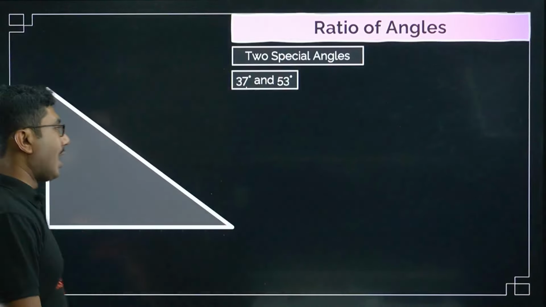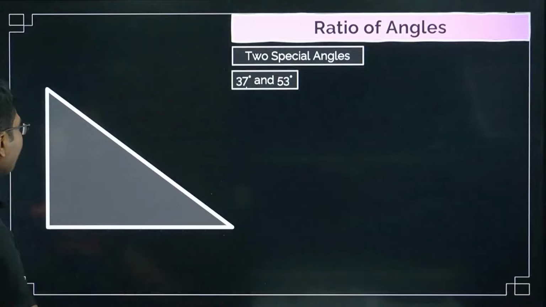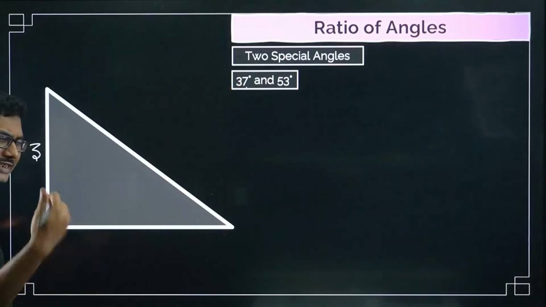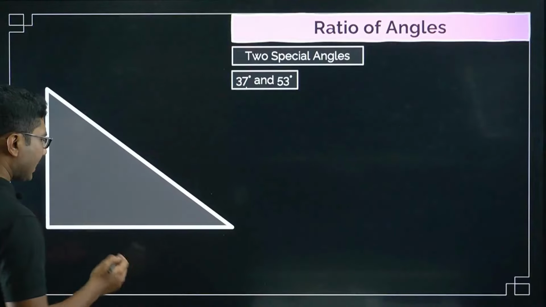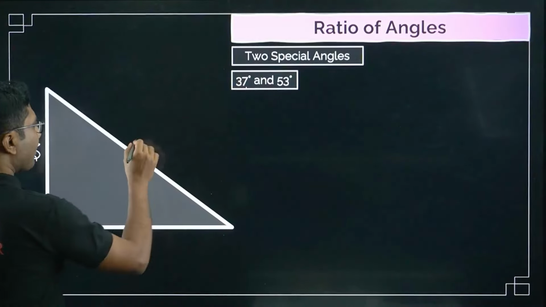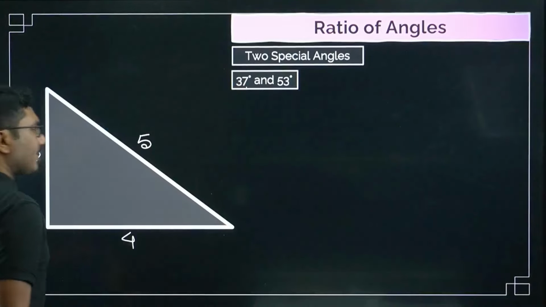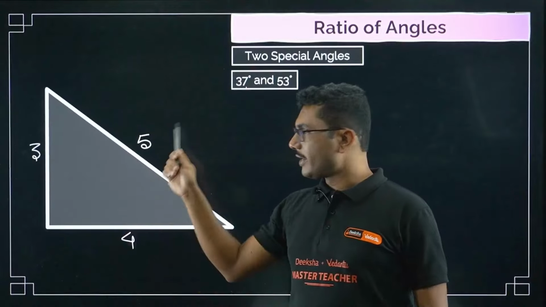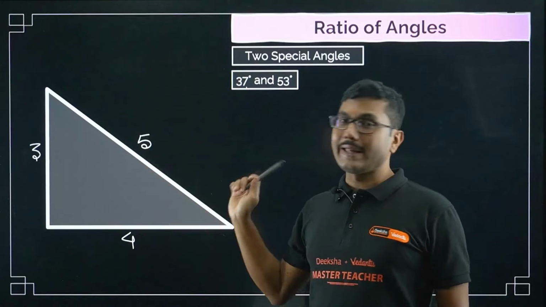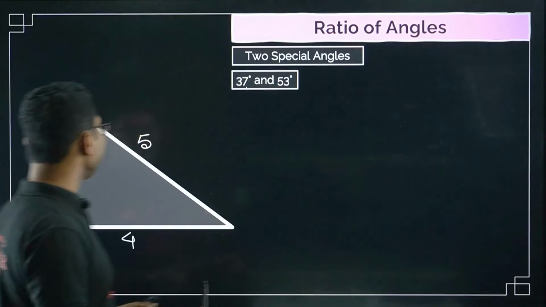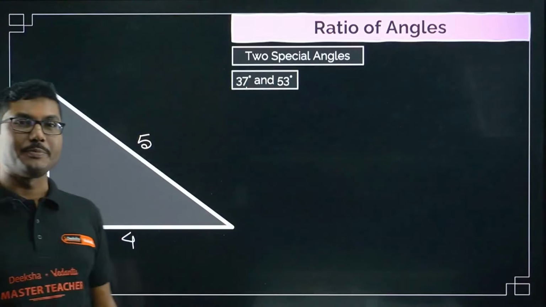Okay, now how does this combination occur? This combination occurs when one side is 3 centimeter, 3 meters, whatever it is, the other side is 4, and by Pythagoras theorem, the hypotenuse will be 5. So 3, 4, 5 is the case where these two angles occur. Okay, now which angle is 37 degree, which angle is 53 degree?